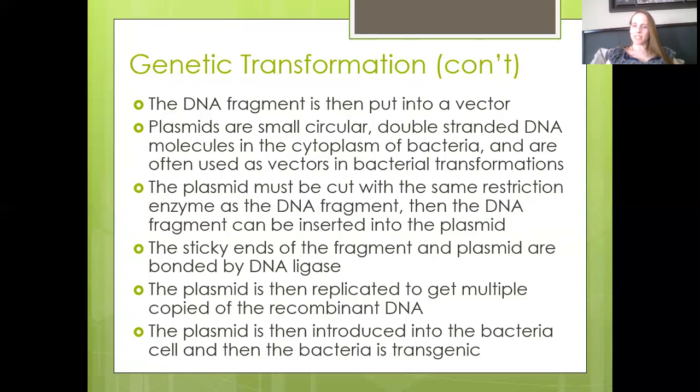The plasmid has to be cut with the same restriction enzyme that the DNA fragment was cut with, so that the sticky ends will actually match up with each other and stick together to create a bigger plasmid where you've inserted that new little foreign DNA piece. And then you'll take the plasmid and you can actually replicate it a bunch of times so that you can make a bunch of recombinant DNA pieces.